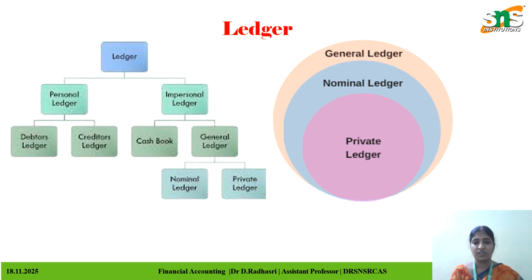The impersonal ledger covers the cash books and the general books. We can identify the nominal ledger account and the private ledger account. This is the process to get the general ledgers. The ledgers are on a nominal basis, a personal basis and a private basis, and we can calculate on a different basis.